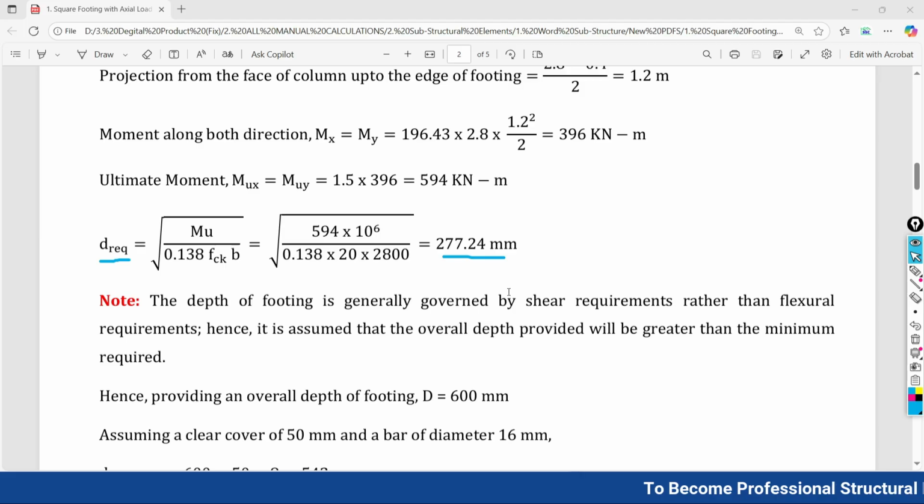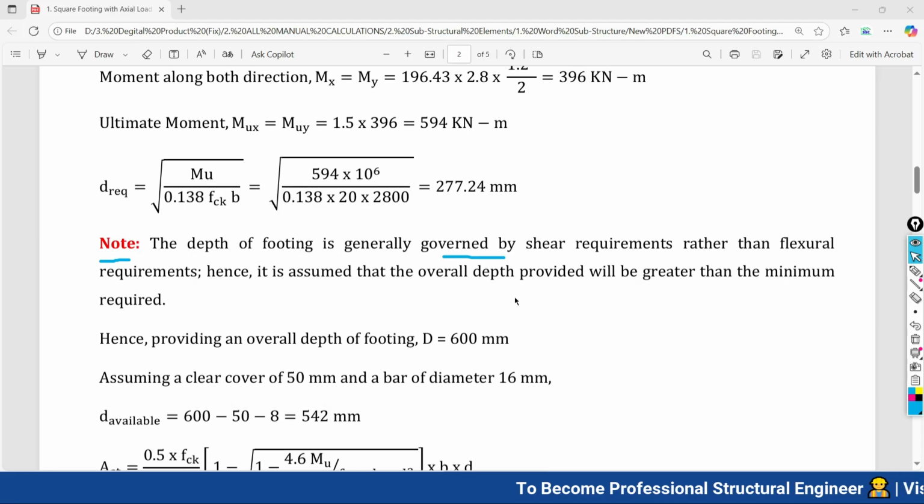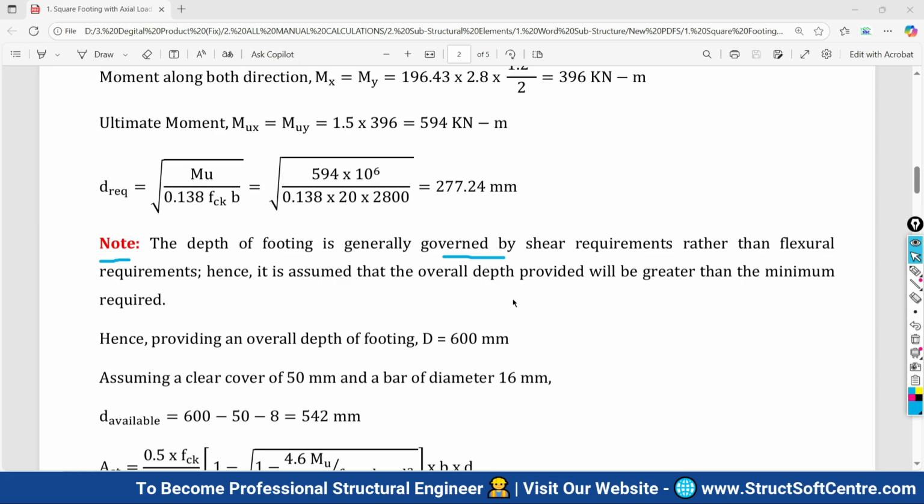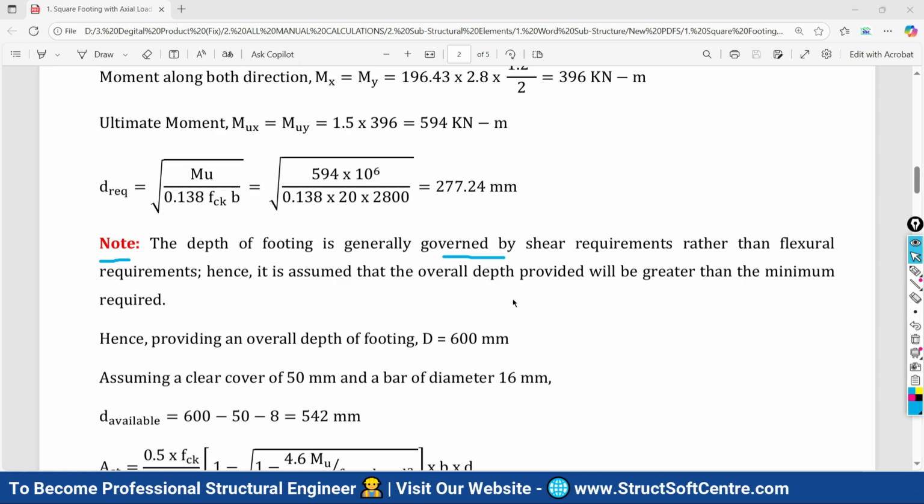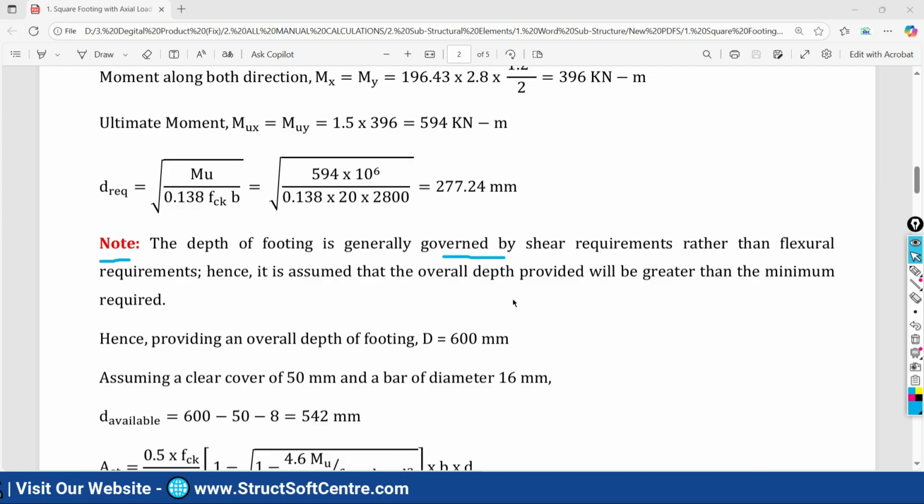But there is another check, the shear check: one way shear check, two way shear check, shear design, whether the depth of the foundation will be safe in shear or not, in cracking or not, in punching or not. So based on that also we have to decide the depth of the foundation. For your kind information, the depth of the foundation is going to be governed by the shear criteria.